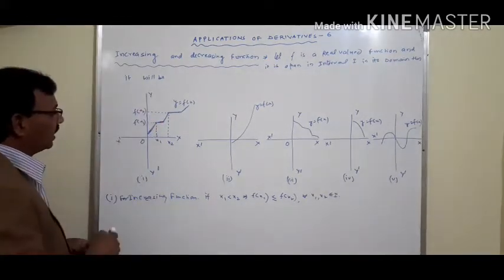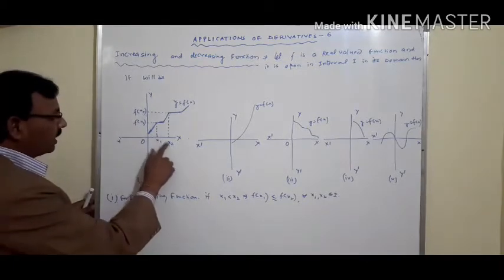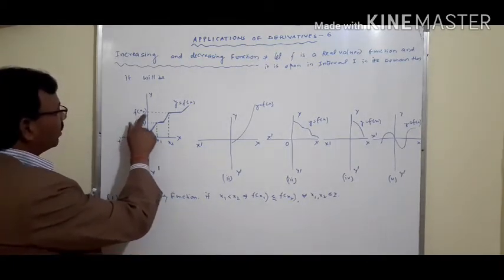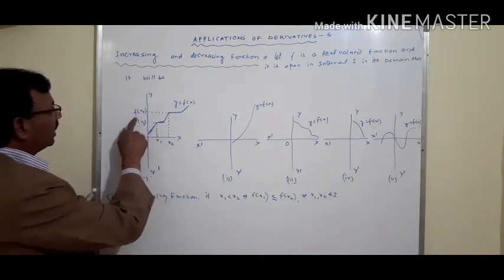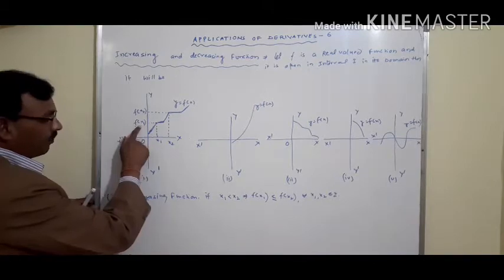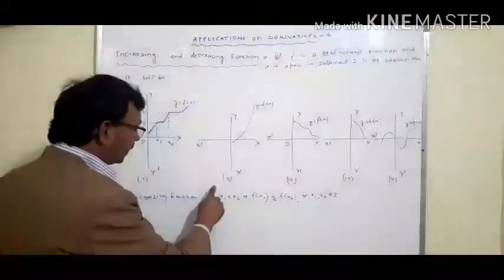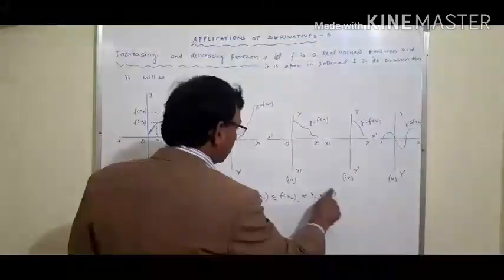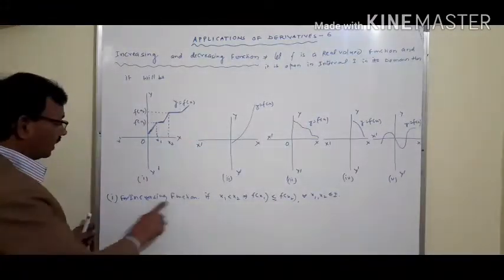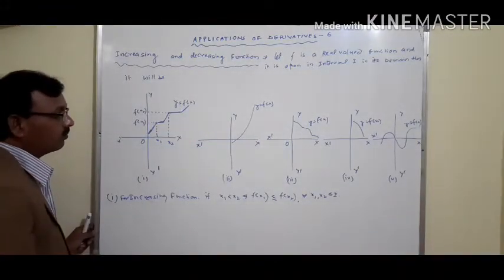This is also clear. If x1 is less than x2, then f of x1 is also less than or equal to f of x2. That means the value at x2 will be more than the value at x1. So if this statement is true, then the given function will be increasing function.